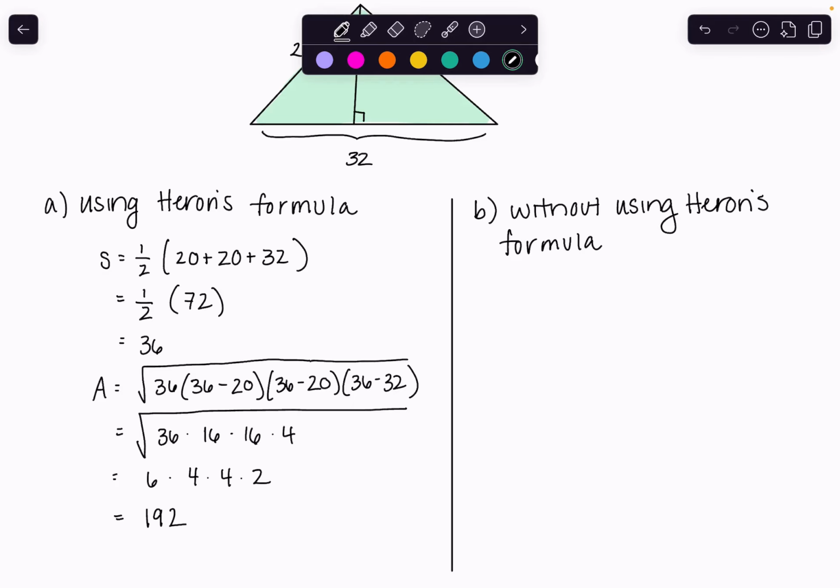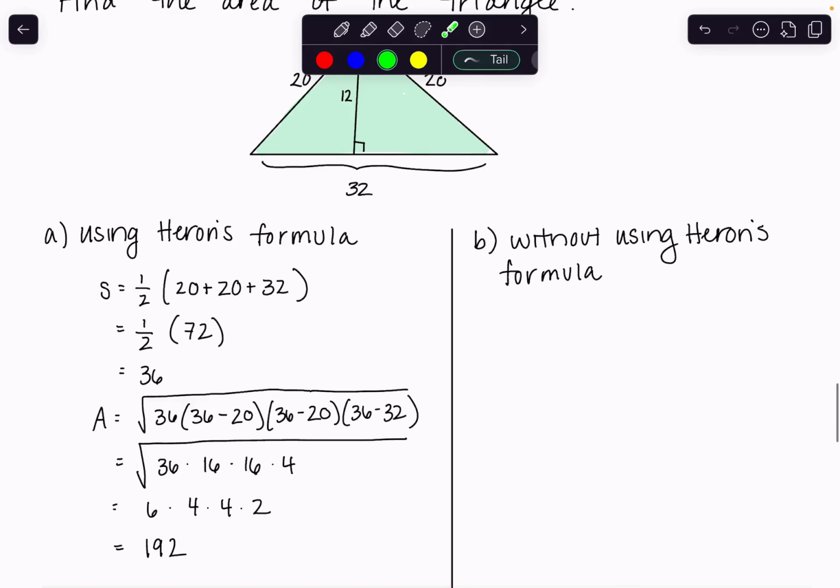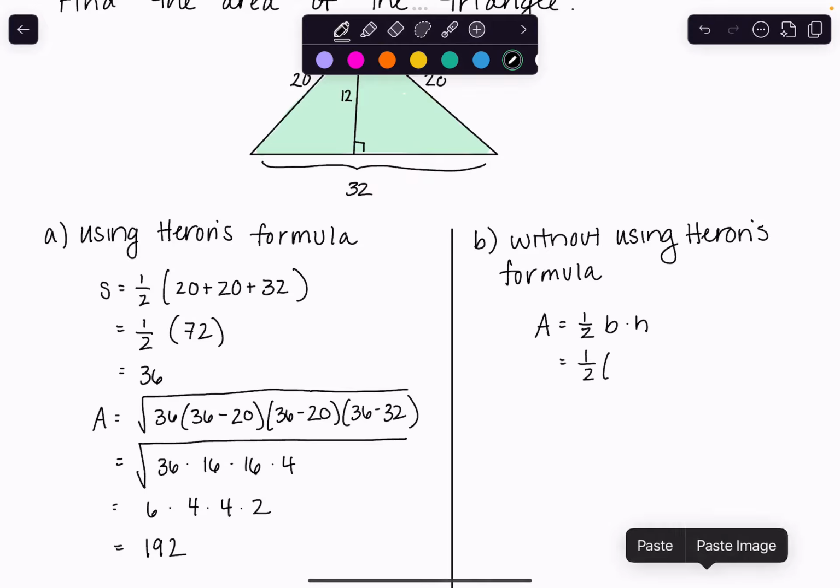But again, I definitely don't need to use Heron's formula. This is just for this specific example to show you this formula does work. Remember, our area of a triangle is 1/2 the base times the height, and the base and the height are the two things that form the right angle. So in this case, our base is 32, and our height is 12.